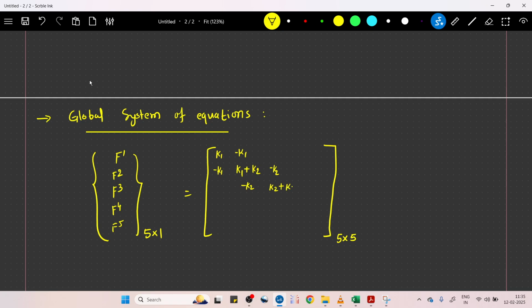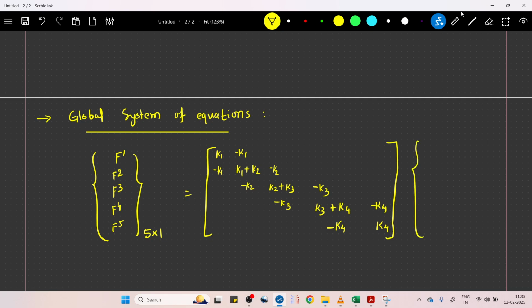Similarly k3, minus k3, minus k3 and k3. k3 minus k3 plus k3. k4, minus k4, minus k4 and k4. Remaining terms will be 0. And I can similarly say u1, u2, u3, u4 and u5. So this is my global system of equations.